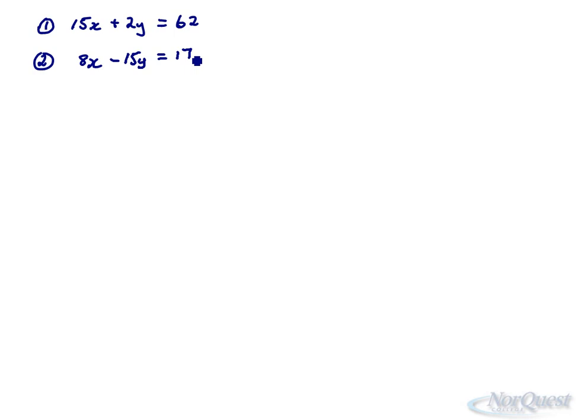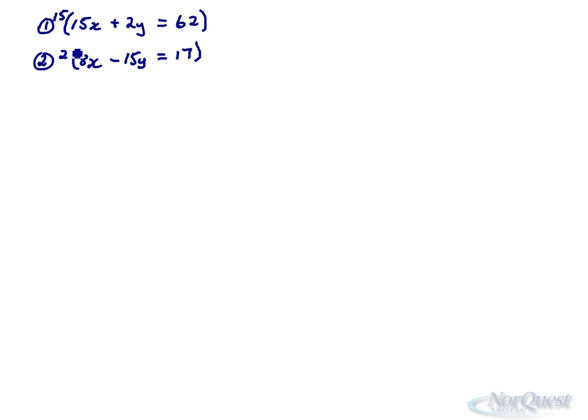And to do that, I could take equation 1 and multiply it by 15. I could take equation 2 and multiply it by 2. And again, as long as I do the same thing to both sides, I can basically do whatever I want to the equation. I can't eliminate at this stage yet.